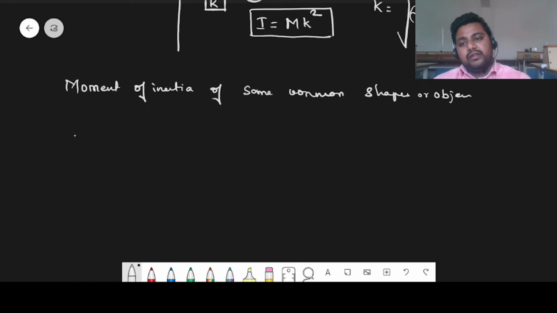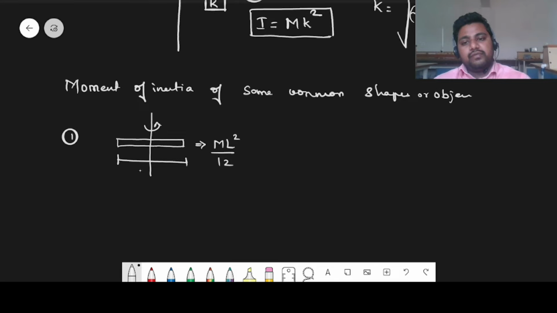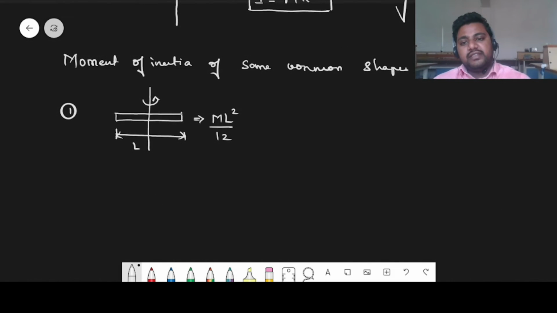Always remember, the moment of inertia of a rod along the axis passing through the center of mass is m L square divided by 12, if L is the length of that rod. Okay, passing through the center of mass. Now this is the center of mass, and this axis of rotation is passing through the center of mass.